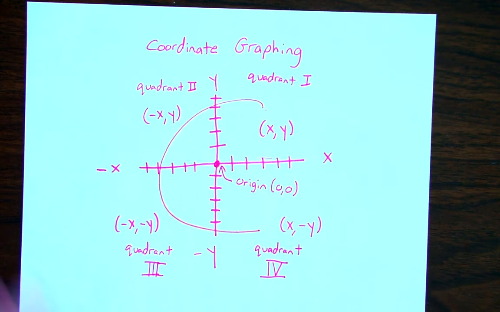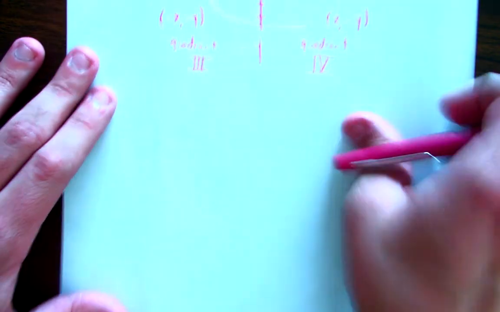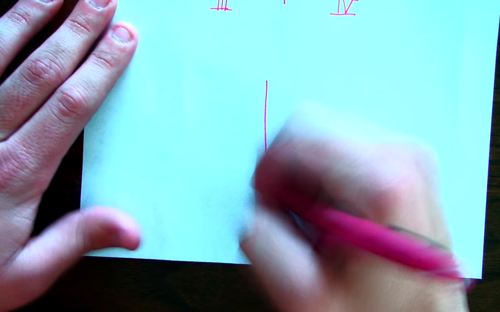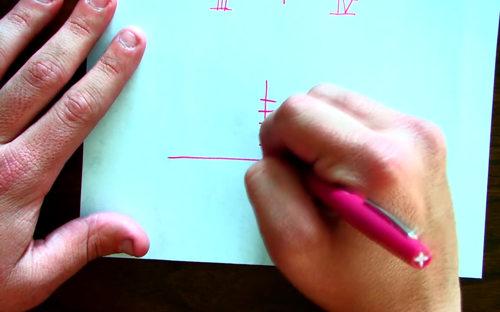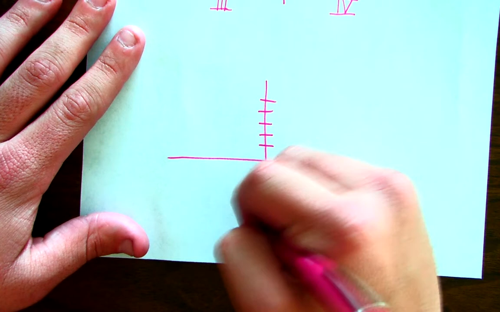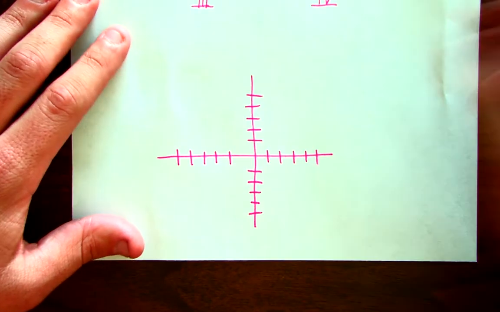So let's go ahead and try and graph a couple. I'm going to go ahead and draw another graph. So I'm going to put down 4 points.